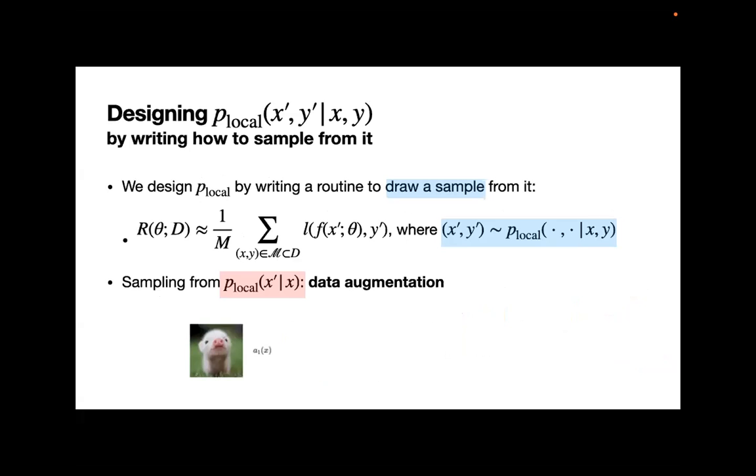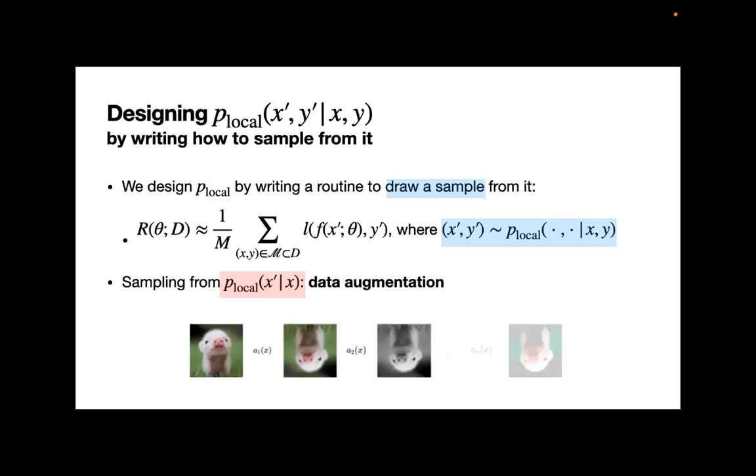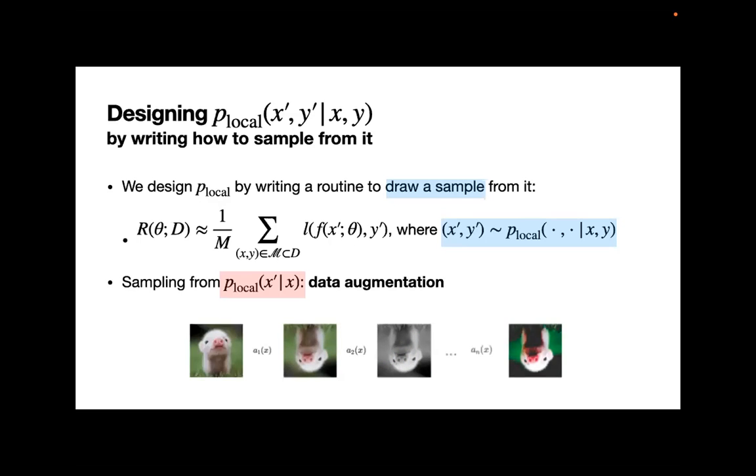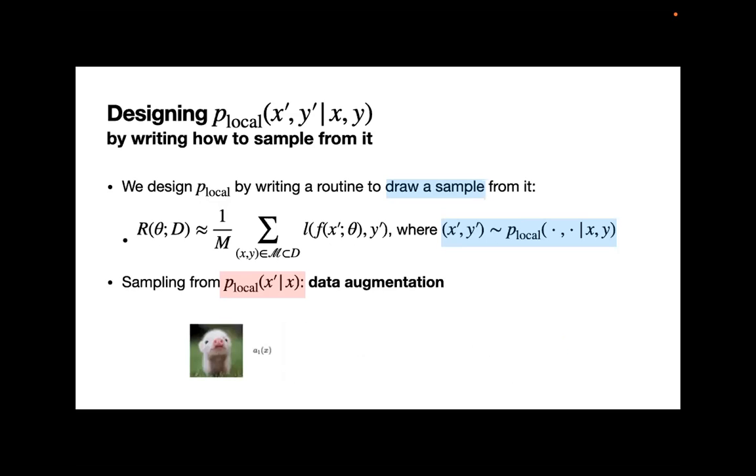At the end of the day, we do stochastic optimization, and as long as we can sample from it, we can compute a stochastic approximation to the vicinal risk that we want to minimize. This is what we also refer to as data augmentation. We start from some input example and randomly apply some of these domain-specific transformations in order to arrive at a sample drawn from this local distribution.